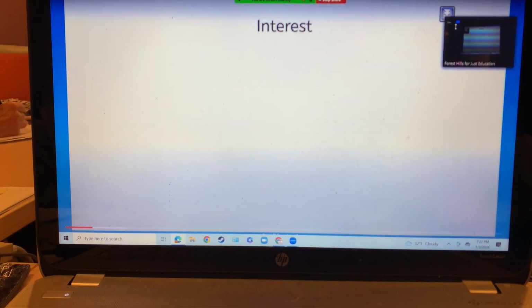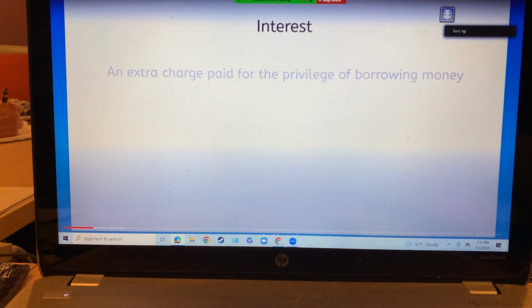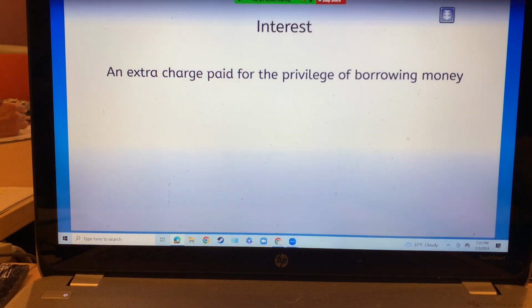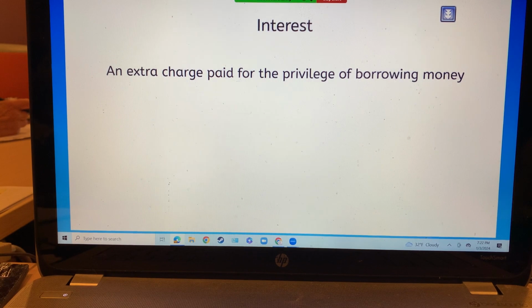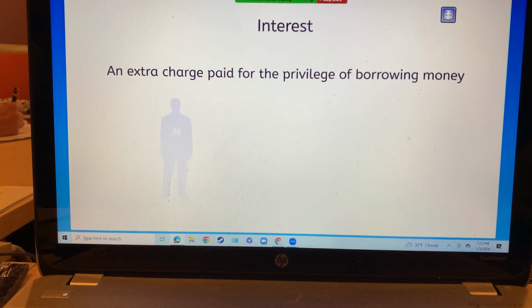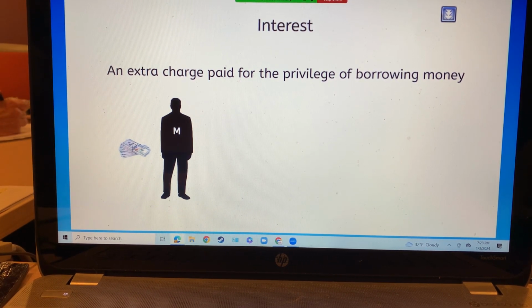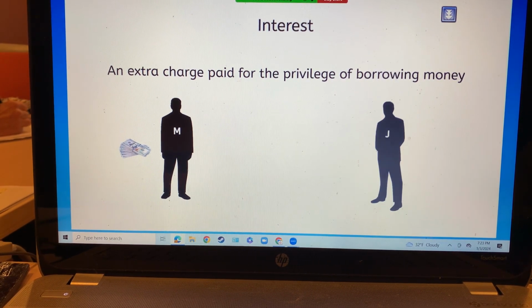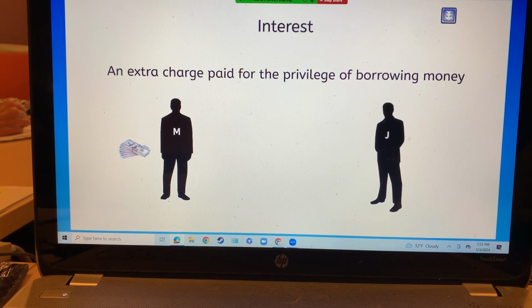In finances, when we say interest, we're referring to an extra charge paid for the privilege of borrowing money. Essentially, interest is what you pay to get a loan. Imagine Marco's got plenty of money, but Jimmy over here is flat broke. Jimmy needs some cash, so he asks Marco for some money.